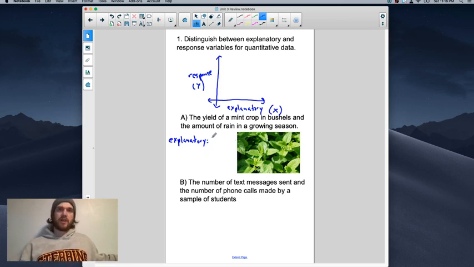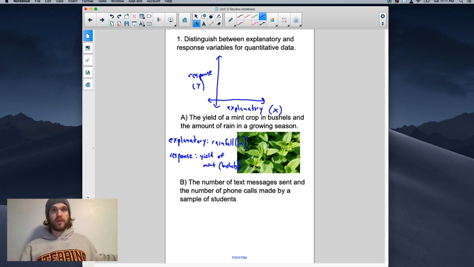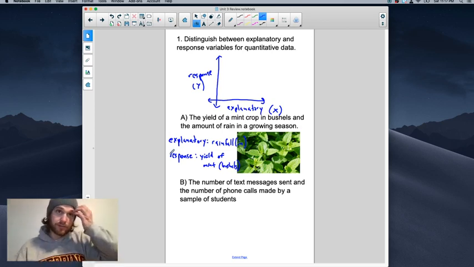In that case, rainfall, and typically you want to include a unit, in inches, is going to be our explanatory variable, which means our response is yield of mint crop. And the unit there is in bushels. Oh, what a fun, joyous measurement system we have.